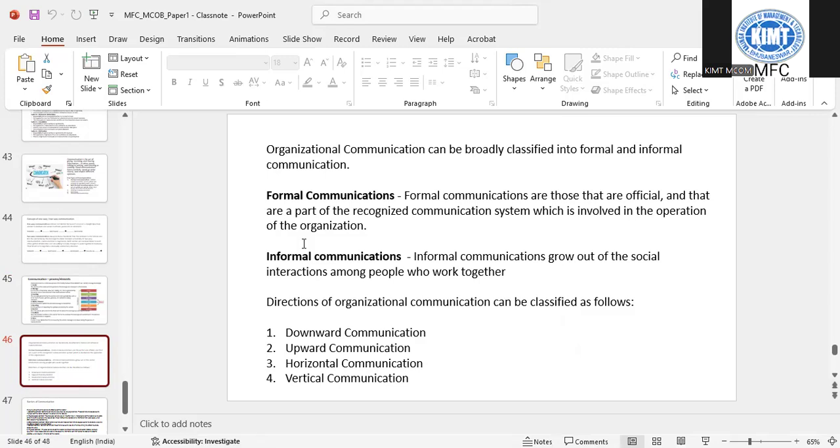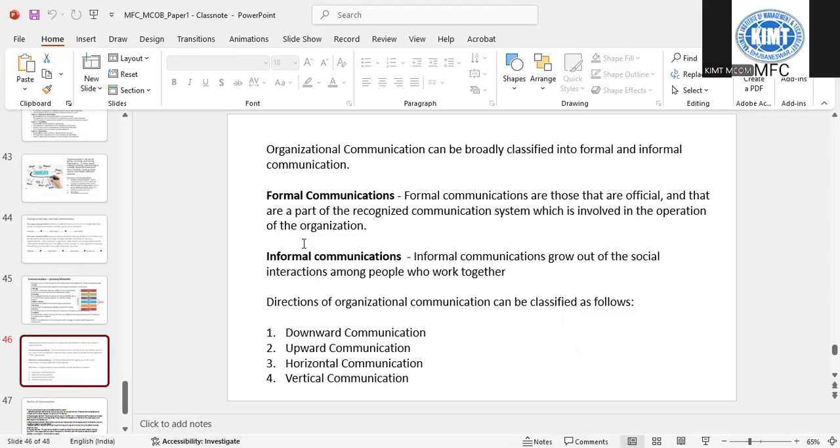Direction. Communication can flow from top to bottom, and left to right, right to left. That means in the organization structure, if the top management is the top level and they are talking to the bottom level, the subordinate, then the communication is flowing from top to bottom. If the subordinate is talking to the top, the communication is flowing from bottom to top.